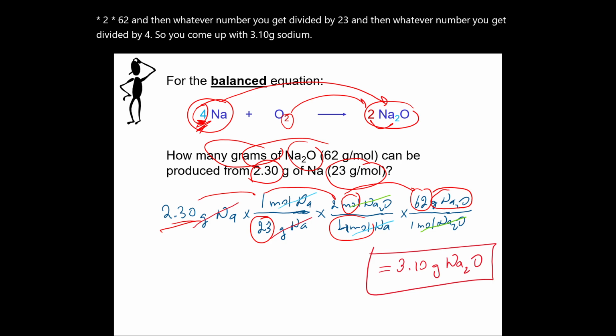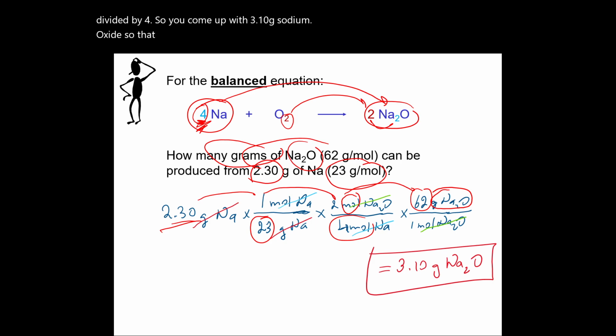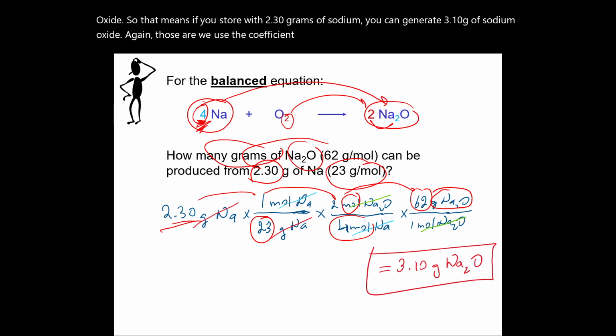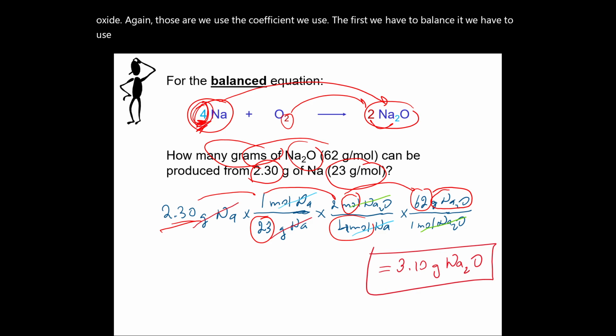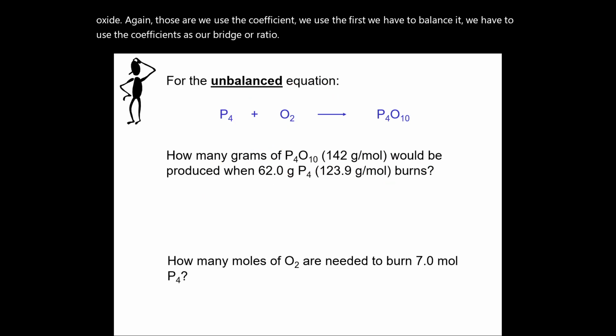So that means if you start with 2.30 grams of sodium, you can generate 3.10 grams of sodium oxide. Again, we have to balance it first, and we use the coefficients as our bridge or ratio, the conversion factor, to solve the problem.